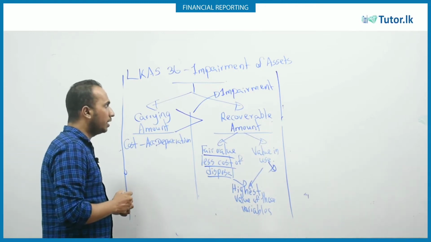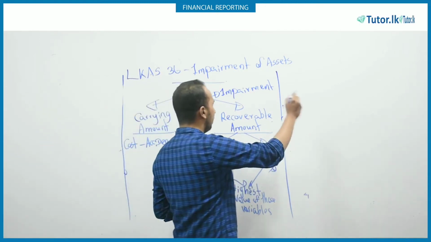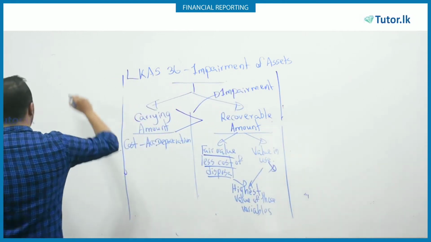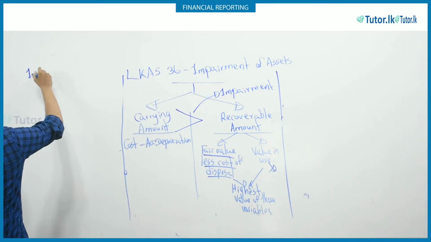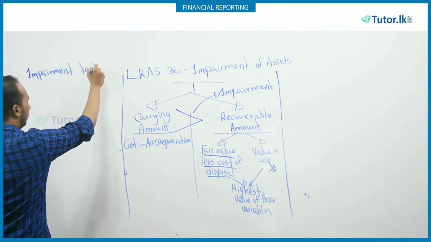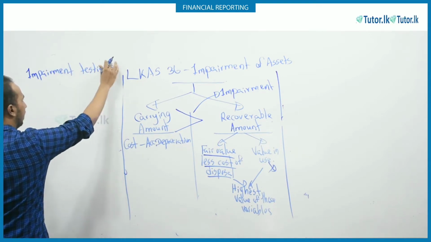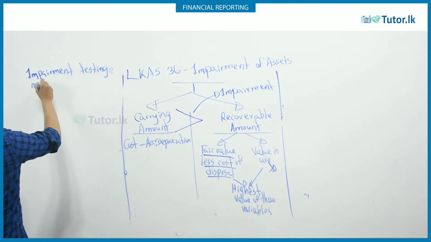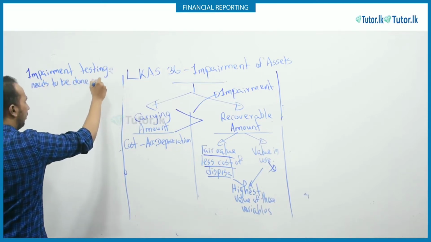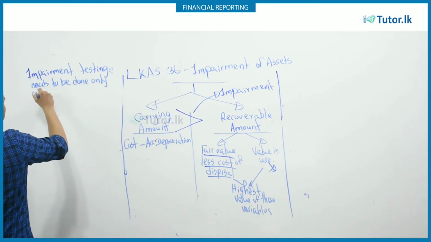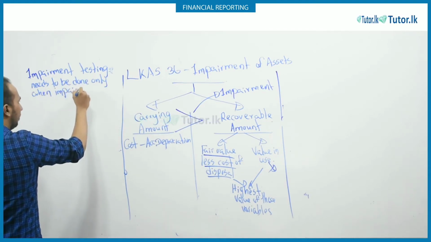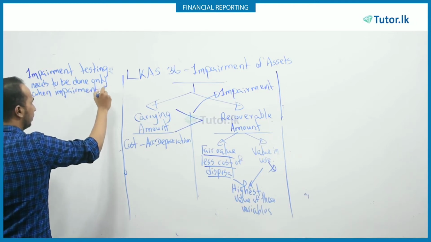Impairment testing should be done only when impairment indicators are available.